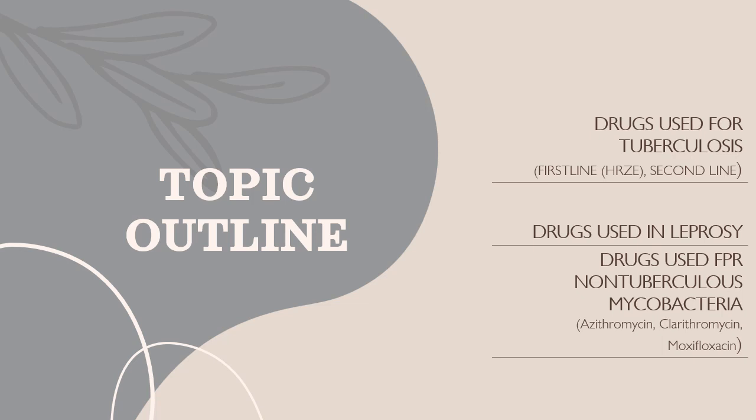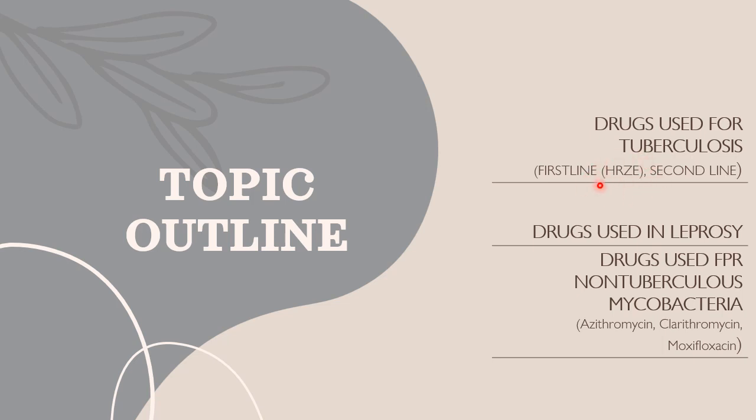So this will be our topic outline for today. We will discuss your drugs for tuberculosis, your first line and second line drugs. Your first line drugs are isoniazid, rifampicin, pyrazinamide, and ethambutol.